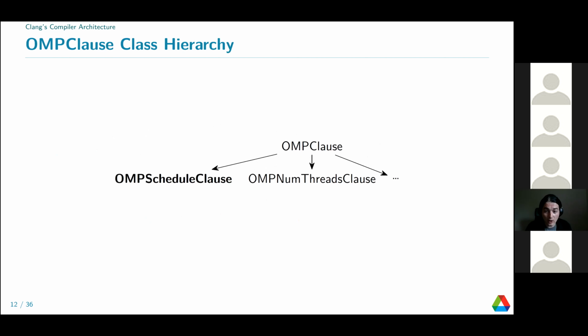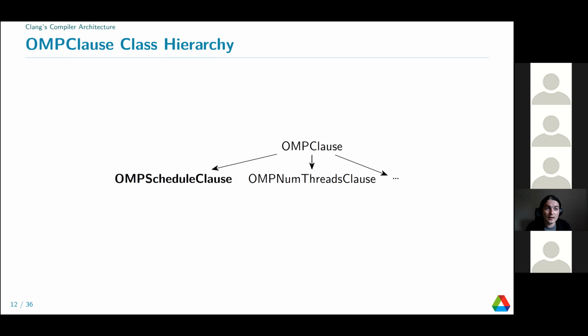The OMP clause hierarchy is unrelated to the statement hierarchy. So there's no common ancestor for all the nodes that appear in the AST, which might be confusing, because if you iterate over the children, you do not get the clauses or the declarations, just the statements, and you have different iterators for iterating over clauses and declarations.